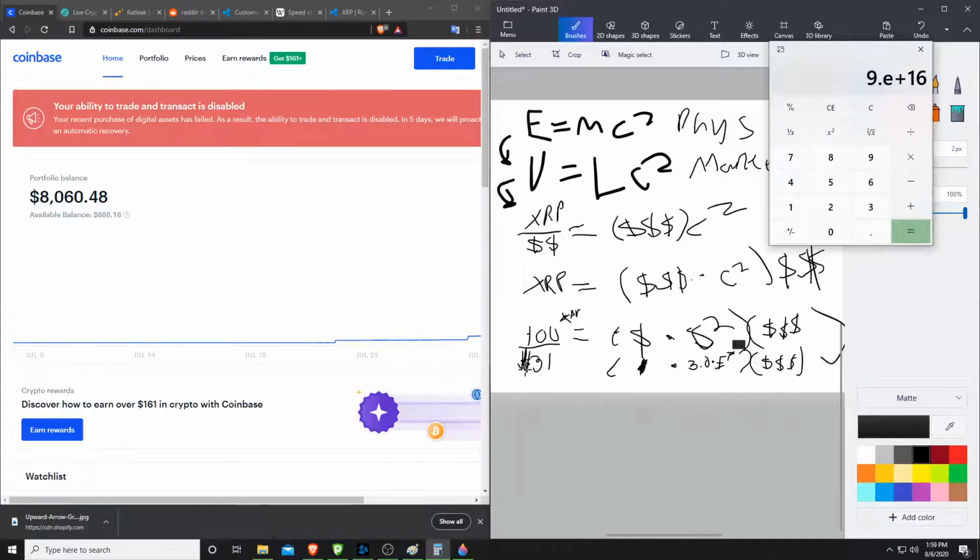Because remember, this division has now been multiplied through. In order to account for this, we're just factoring it out: $1 times the speed of light squared, and then times the dollars that you put in, right?